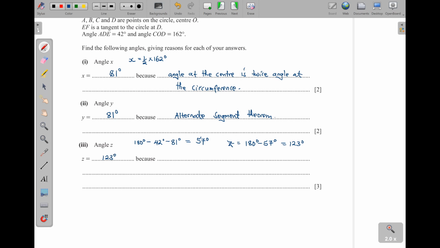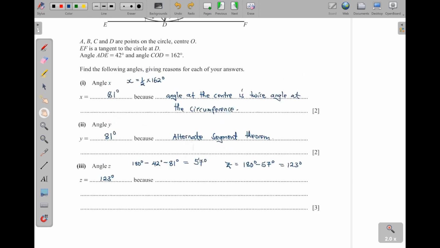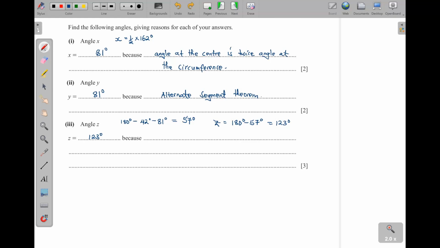And then the reasons that I'm going to put here: for me to get the 57 here, I used angles on a straight line. So I will say angles on a straight line add up to 180 degrees.